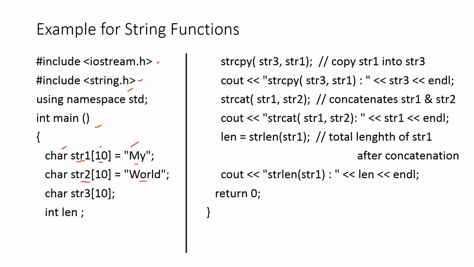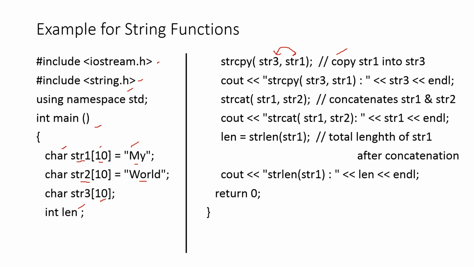The third one is str3, and the size is also 10. One more declaration is there, integer len. Here strcpy, this statement copies the value of str1 to str3. Here is the comment line written, and then cout, you have to print it.